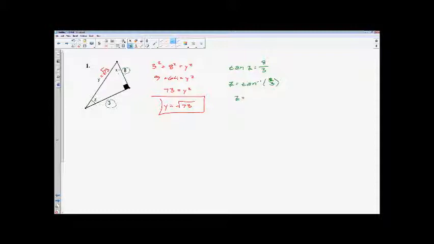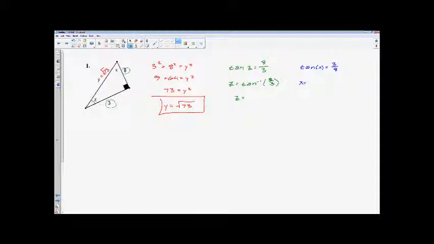Then solving for x, I'm going to use 3 and 8 again. And again, 3 and 8 are the opposite and the adjacent. But with x, if I do the tangent of x, I'll do this in blue, then my opposite side is now 3. So tangent of angle x is my opposite 3 over the adjacent 8.